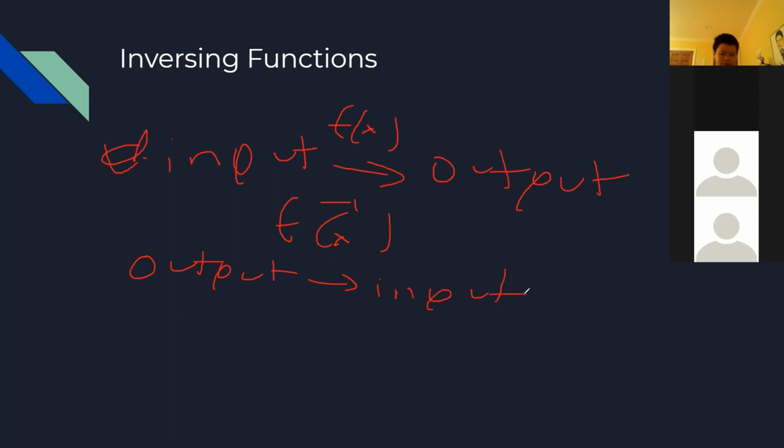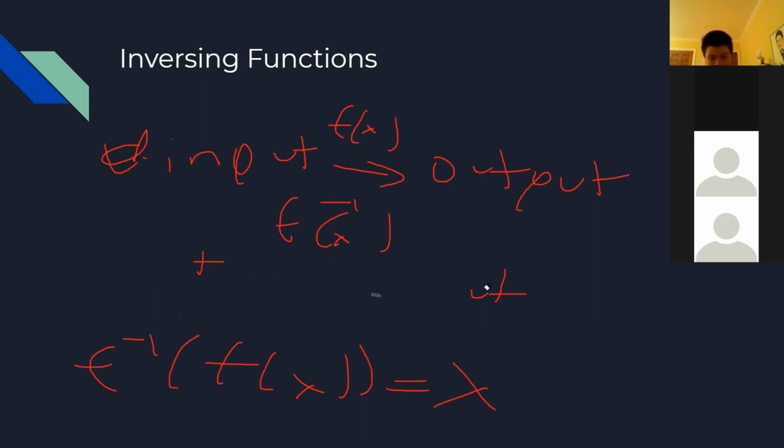In other words, could there be a function f negative 1 of x, which is the notation, where x goes in, output goes out, and the output goes in, the input comes out? So let's see.